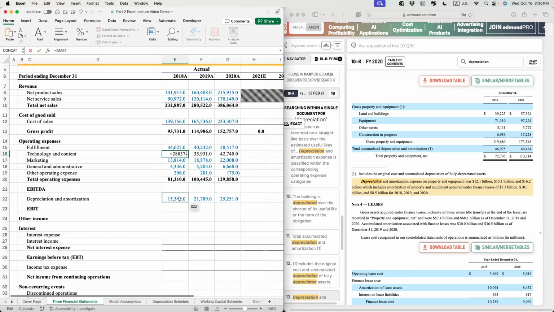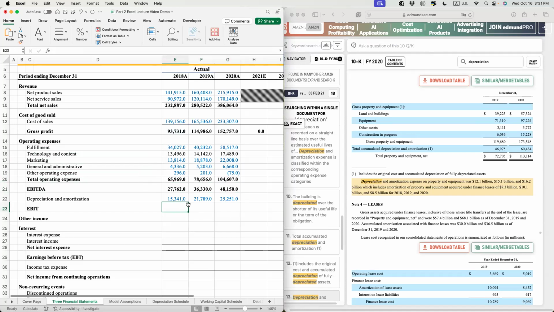So let's subtract this depreciation and amortization here to get the correct values for our income statement. It's going to equal that cost minus the depreciation and amortization. Once we've done that, we can calculate the EBITDA by using the gross profit and subtracting the operating expenses. And remember that after we make that adjustment, these operating expenses already exclude depreciation and amortization.